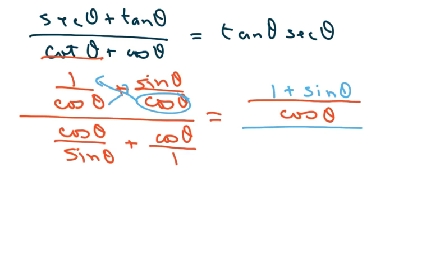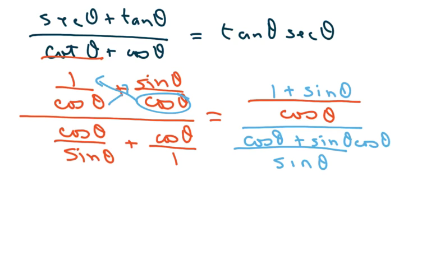And then at the denominator, though, we do have sine as my common denominator. So you're going to get cosine of theta plus sine cosine of theta.